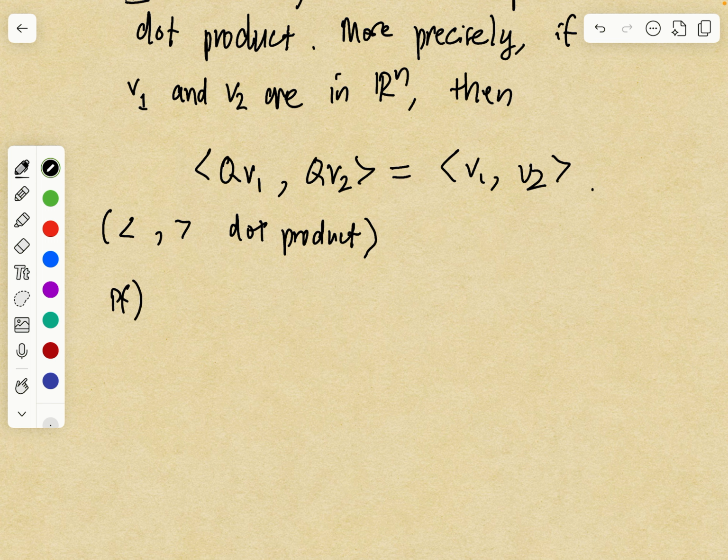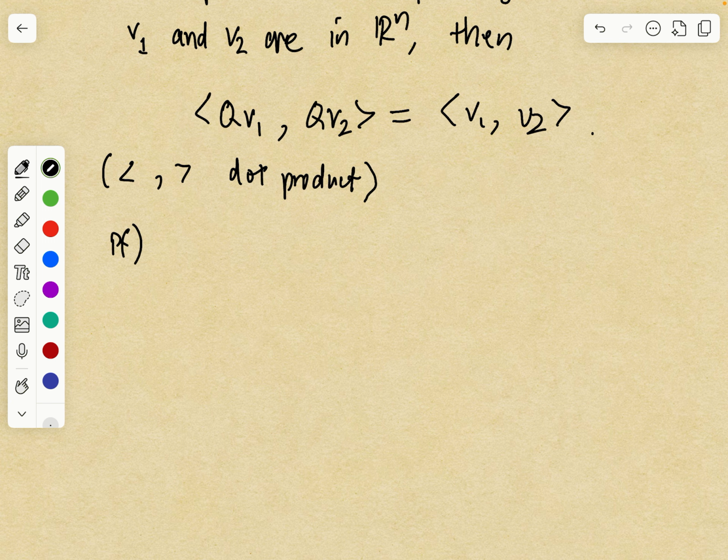Well, the proof of this is not so hard, because remember, how can I write the dot product of two vectors using matrix multiplication? I take the transpose of the left vector to write it as a row vector, right? My QV1 is a column vector, and I get a row vector by taking the transpose. And then you take that 1 by n matrix and multiply it by that n by 1 column, which is QV2. So I need to take QV1 transpose and multiply that by QV2.